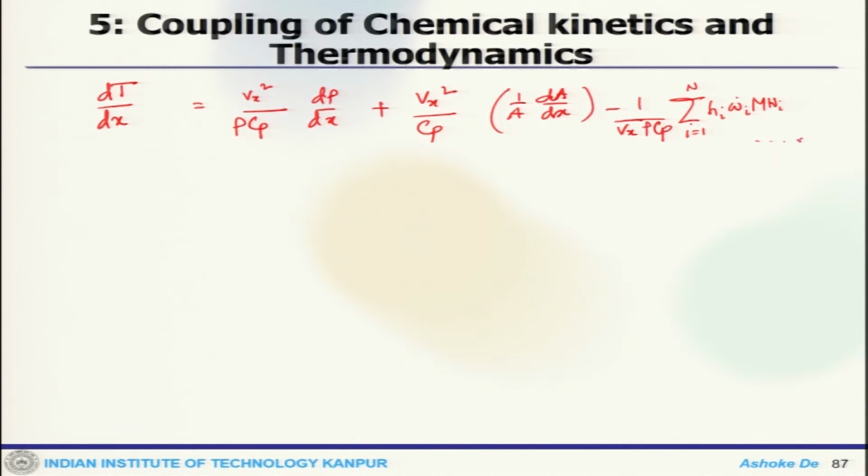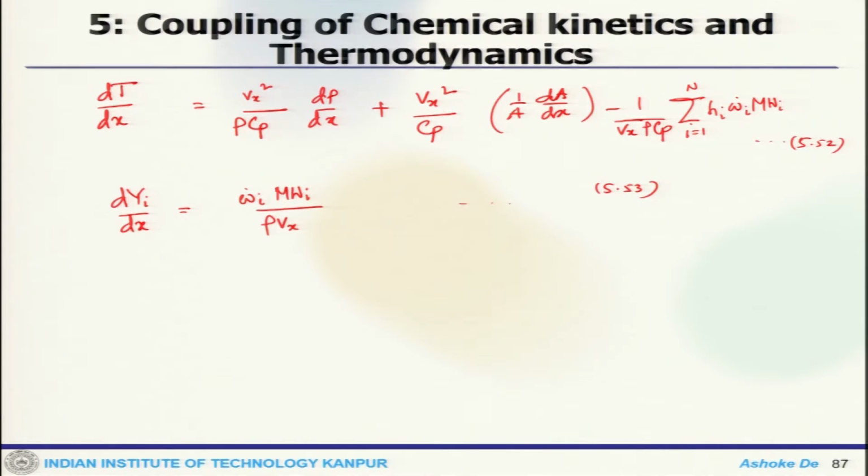This is your equation number 52. The species conservation equation comes down to omega dot i times the molecular weight of i over rho Vx. This would be your equation number 53.